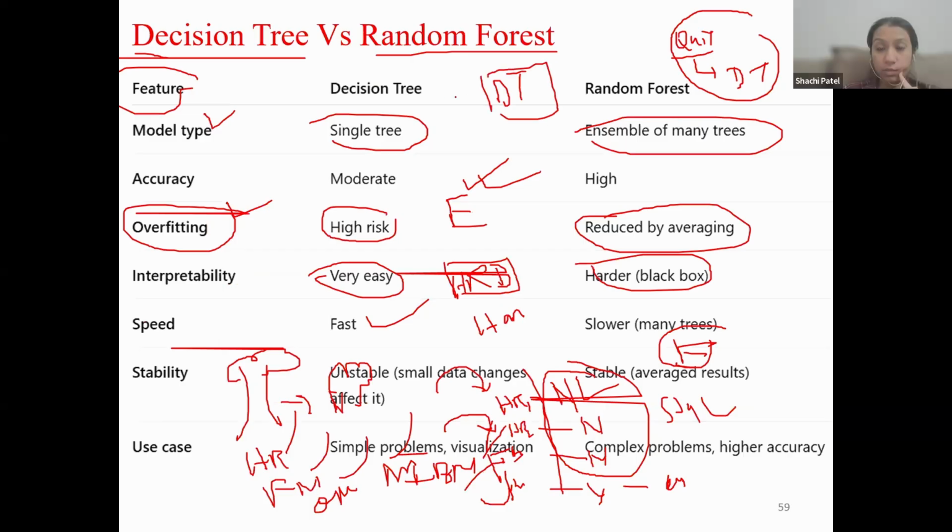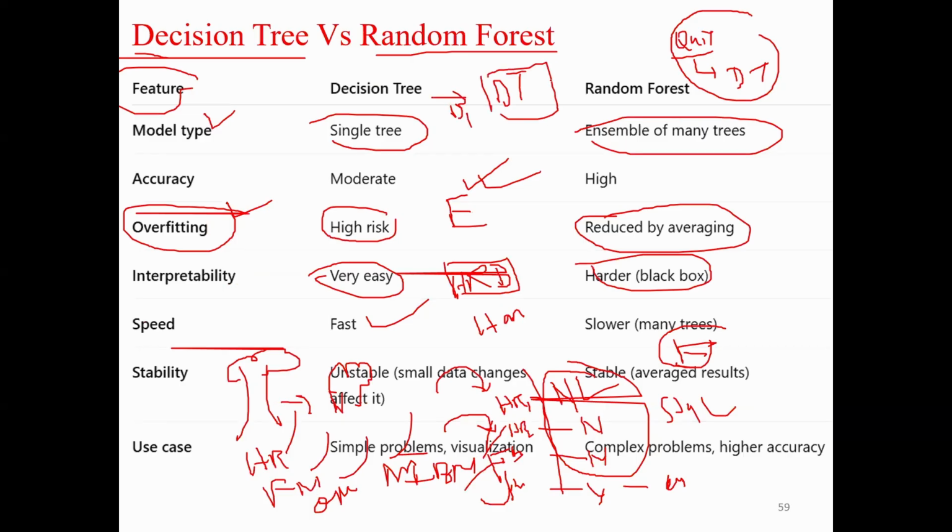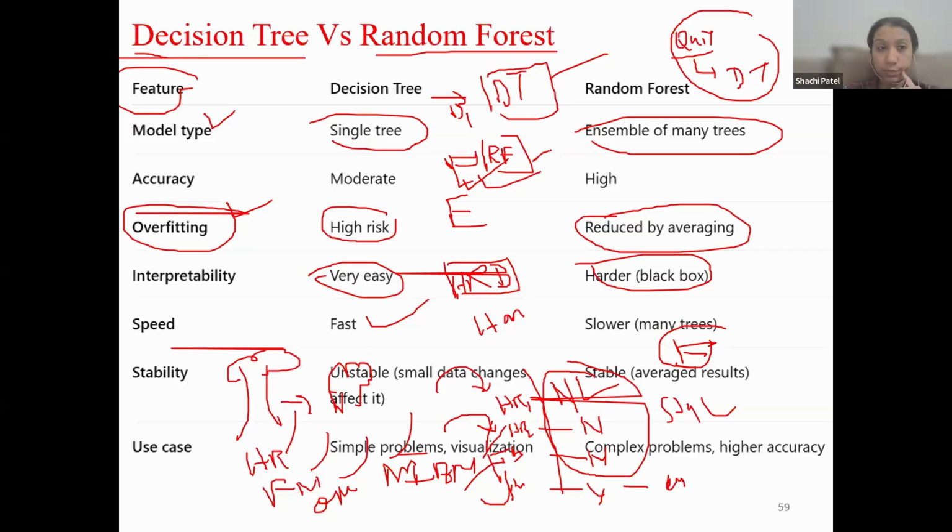Suppose your data is given D1, you got the output. Same data D1, this is called the random forest, you got the output. Got it? Data is the same, the model will be different. Now, what is overfitting?